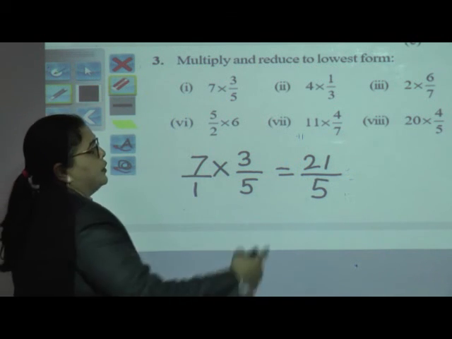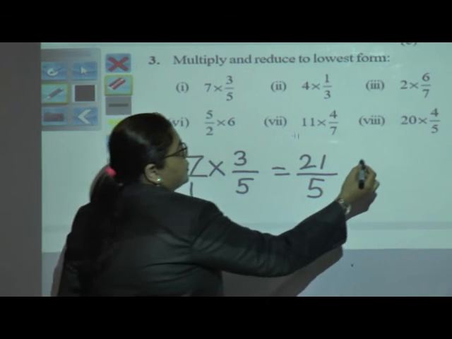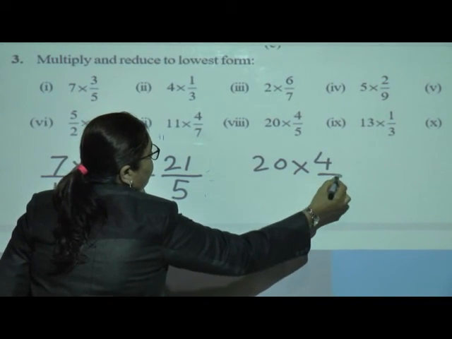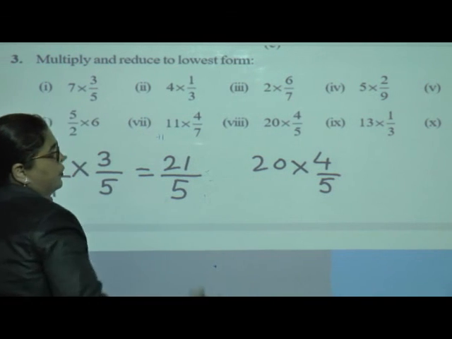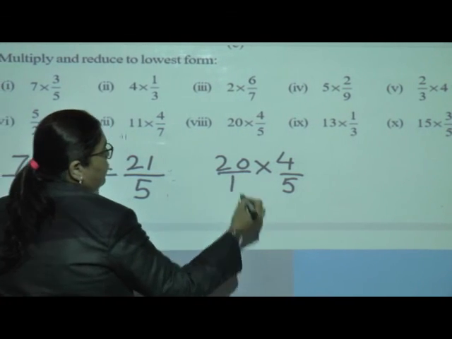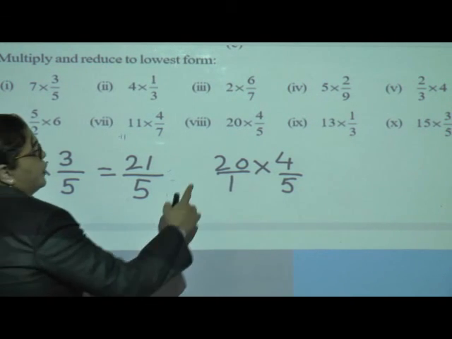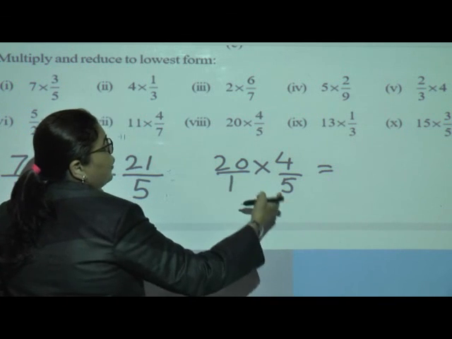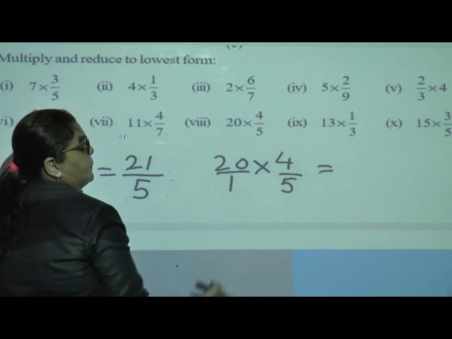We will go for another example here. So here we have 20 multiplied by 4 upon 5. Nothing is there under 20, so we will write 20 upon 1. You can multiply directly, or you can reduce because it is a multiplication.